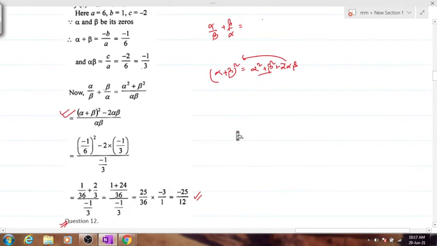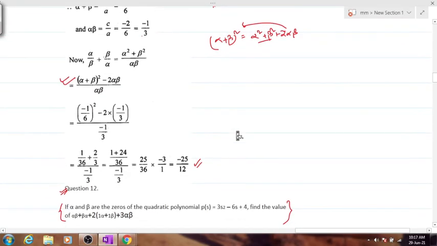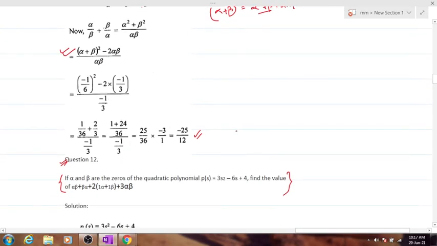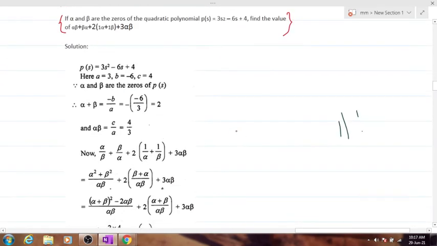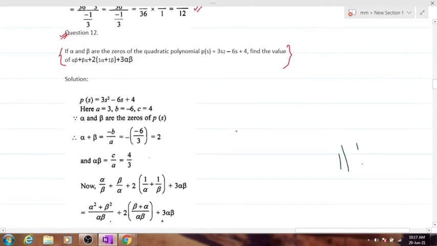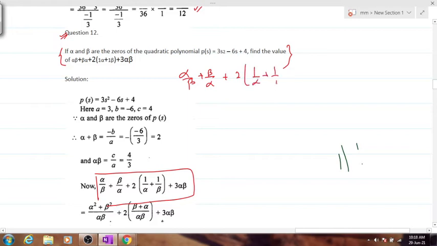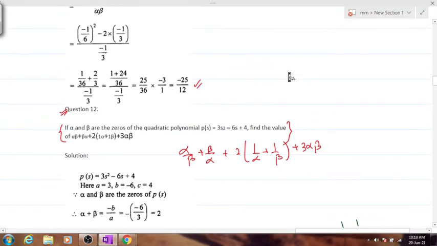Should we move on? Question number 12. People who are done with this, kindly do question number 12 first. Let me confirm, yeah, this is alpha. You have to calculate this. Okay, I'll write the question out here: alpha by beta plus beta by alpha plus 2 times 1 by alpha plus 1 by beta plus 3 alpha beta. You'll have to calculate this.